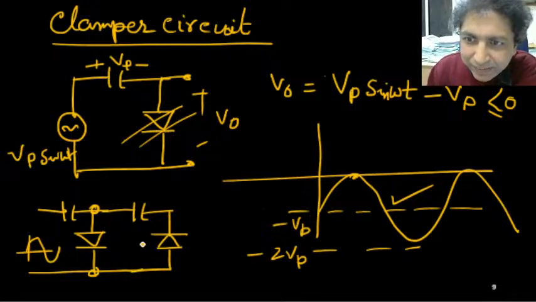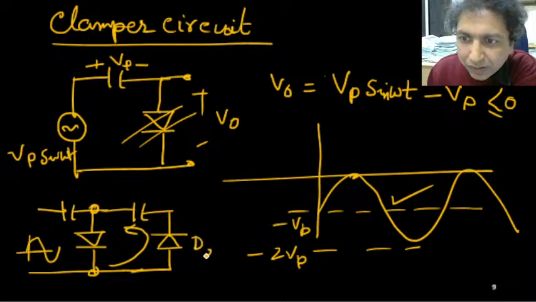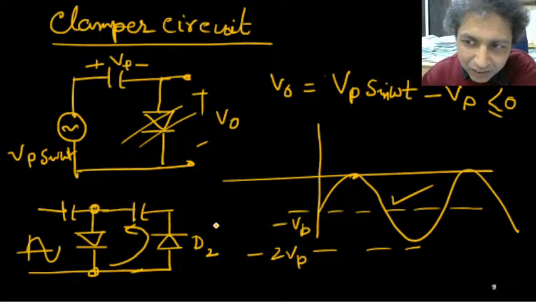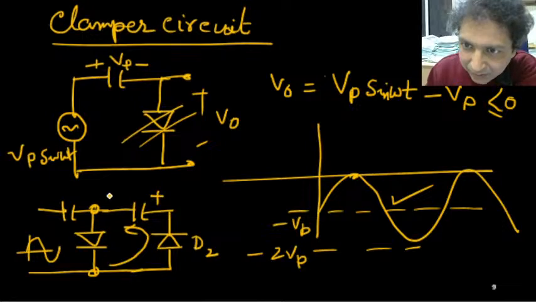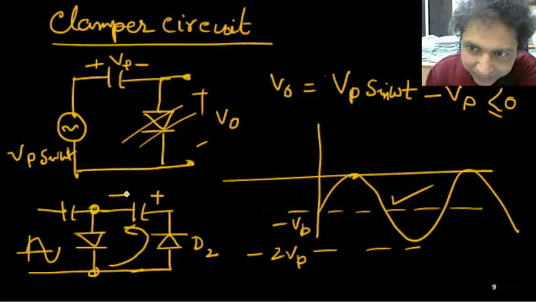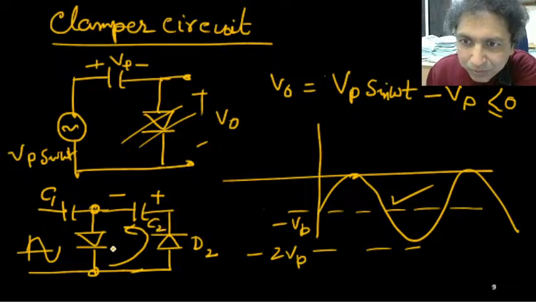When it is negative, that time this diode will conduct, D2 will conduct for only the first half, 0 to T/4, and that time the capacitor will charge up to some potential. Can you tell me what is the potential across the second capacitor? This capacitor is C1, this capacitor is C2, this is your D1, this is D2.